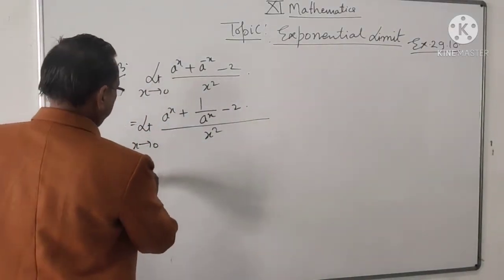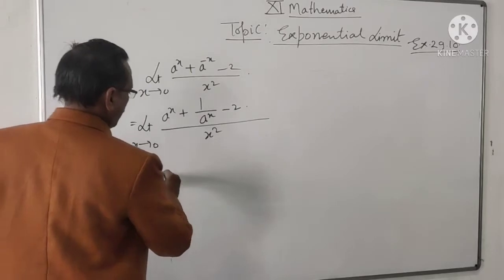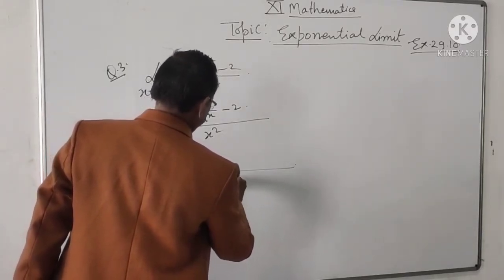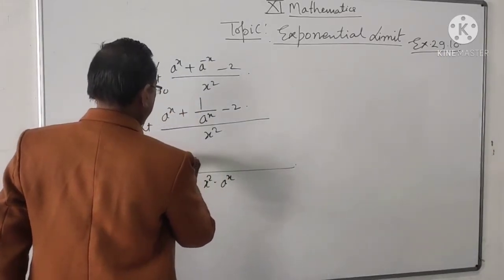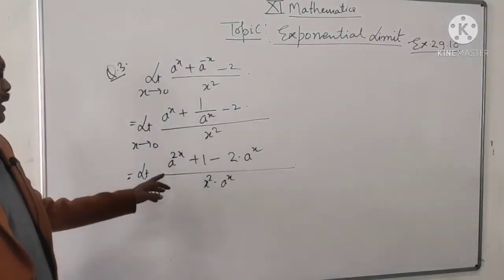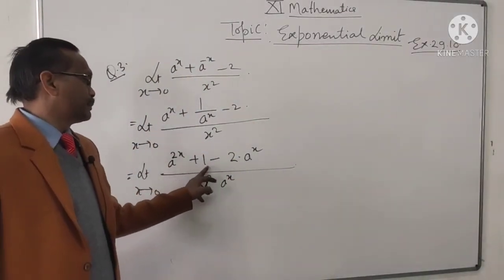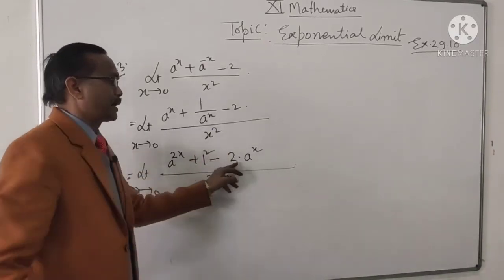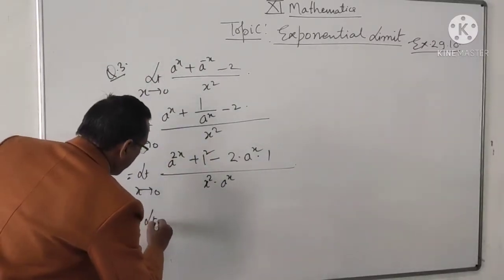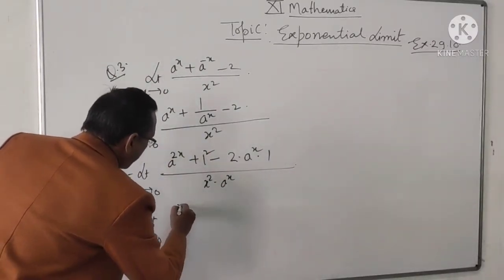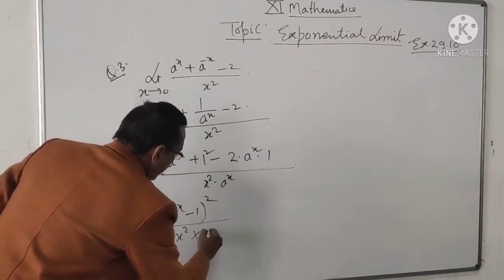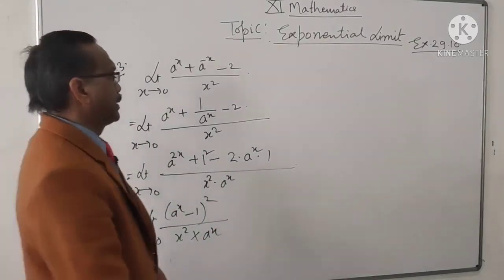Now take the LCM: a power 2x plus 1 minus 2 into a power x, over a power x. Students, use the formula a square plus b square minus 2ab equals a minus b whole square; here we can suppose b as 1. So it is limit x tends to 0, a power x minus 1 whole square upon x square into a power x.